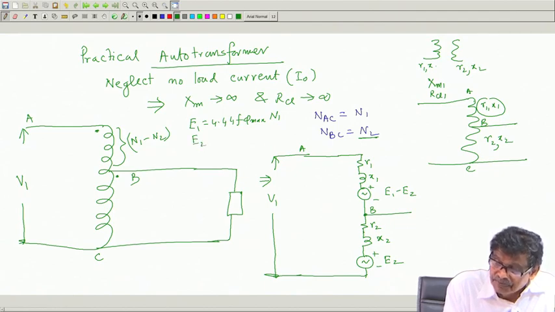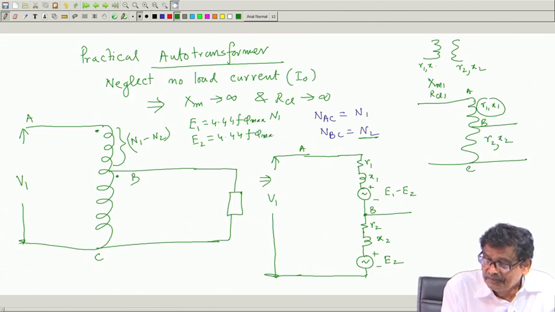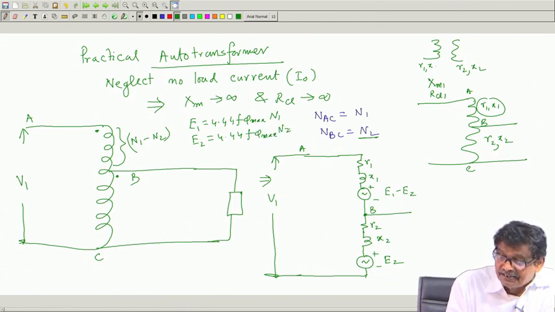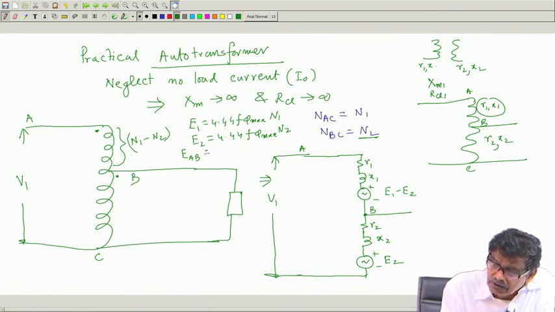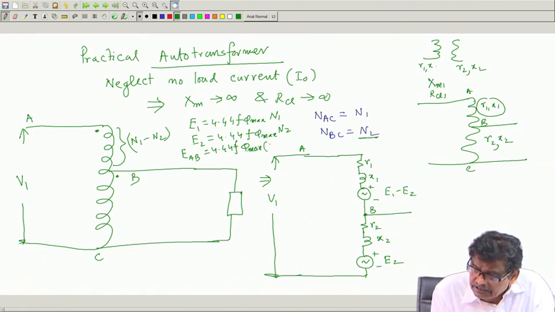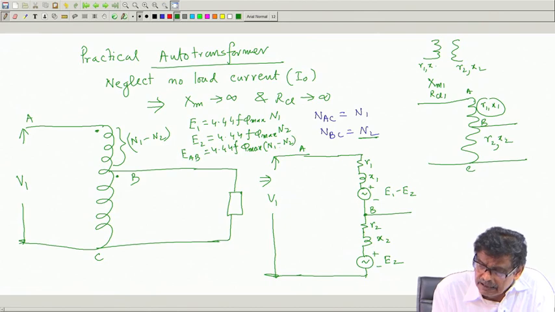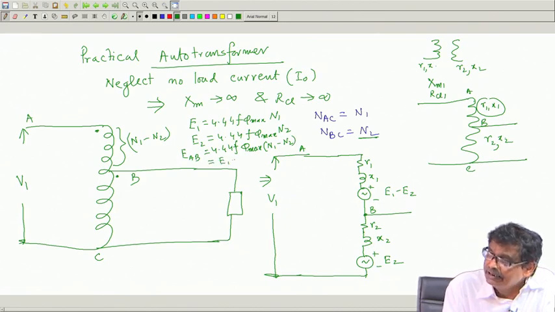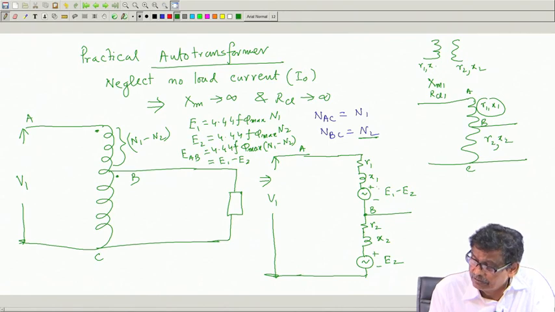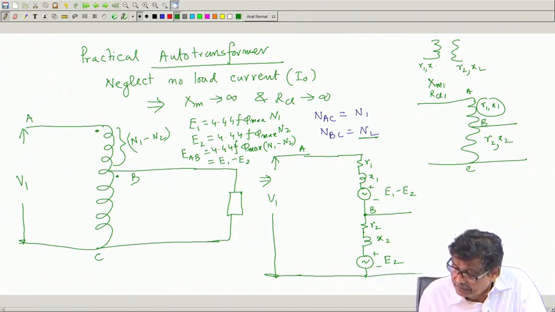E 2 is equal to 4.44 A phi max N 2, and if I ask what is the induced voltage between A and B, it will be equal to 4.44 A phi max into the number of turns between these 2 points, which is nothing but N 1 minus N 2, and which will give me E 1 minus E 2. Got the point. So, this is the thing, and here will be your load.